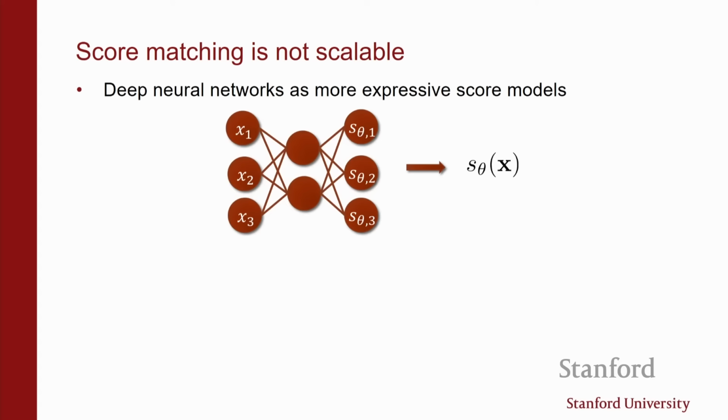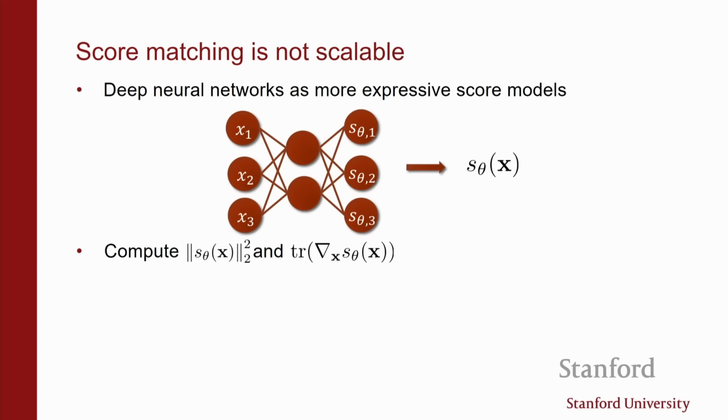So the most straightforward way of parameterizing the score would be to just pick a vector valued neural network. So let's say you have 3 inputs and 3 outputs. Because we know at every point, this neural network has to estimate a gradient, which is a vector, which is the same dimension as the input.